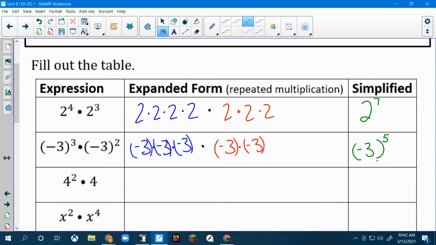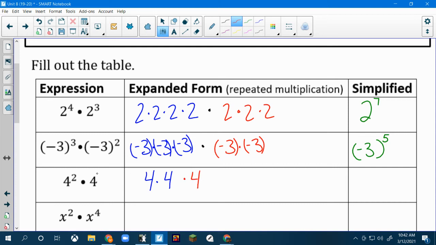Notice, as I'm doing this, our rule is when the bases are the same and we multiply them together, we're going to add the exponents. Notice I added 3 plus 2, which is 5. 4 plus 3, which is 7. Let's keep trying and show some more examples. 4 2 times, 4 squared, times just 4.